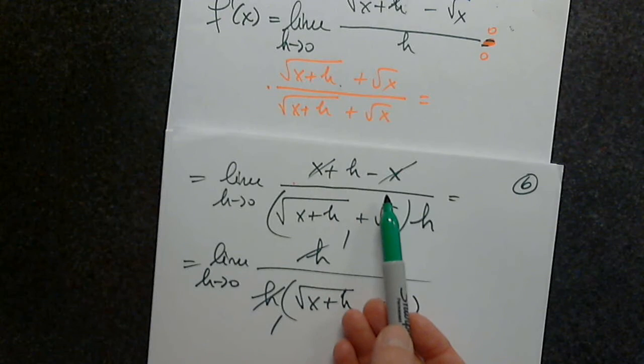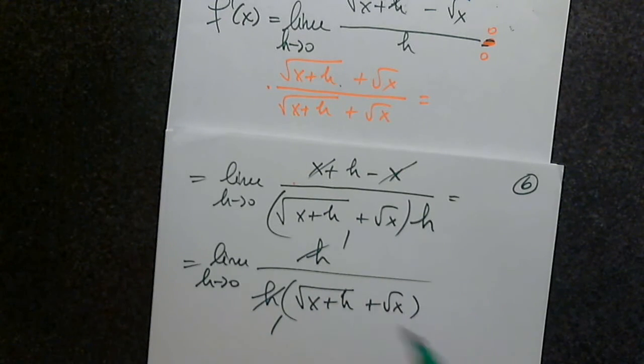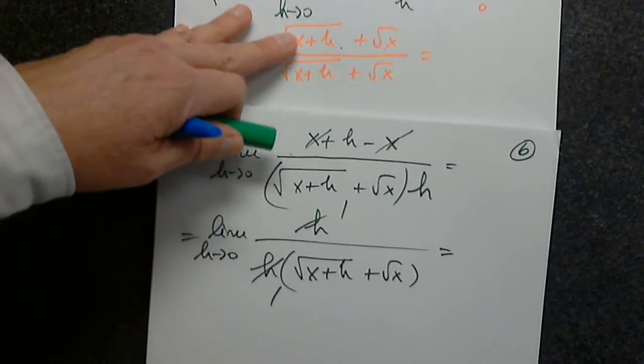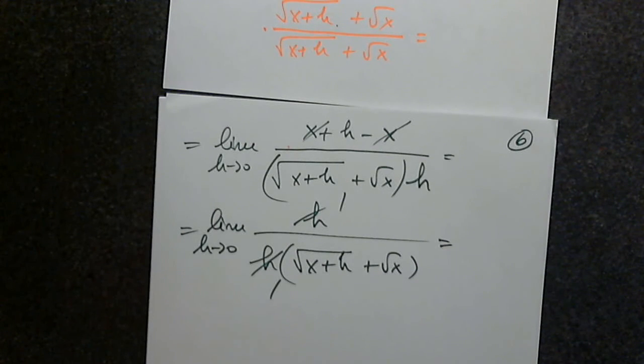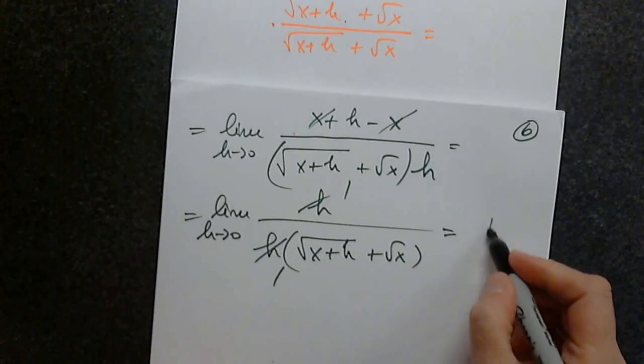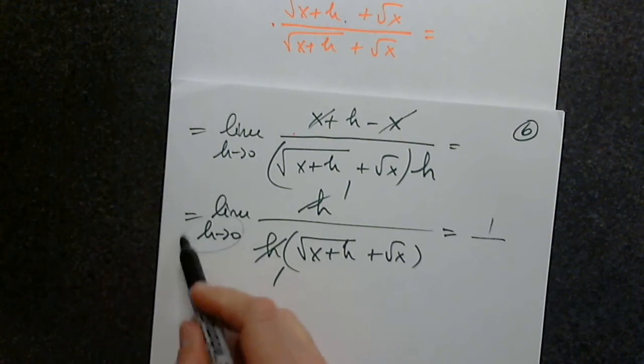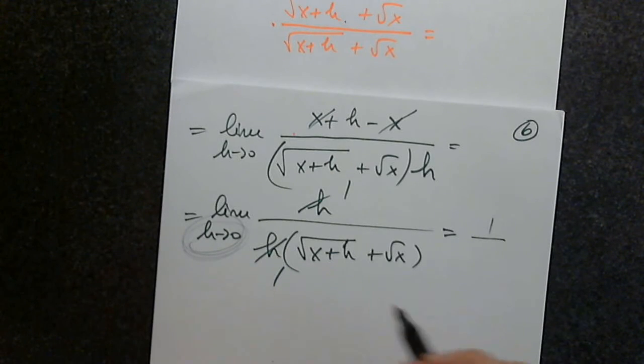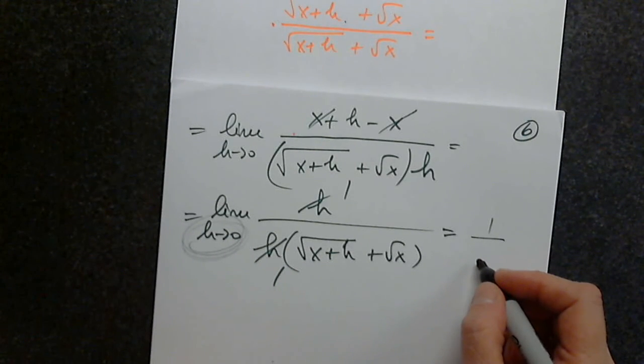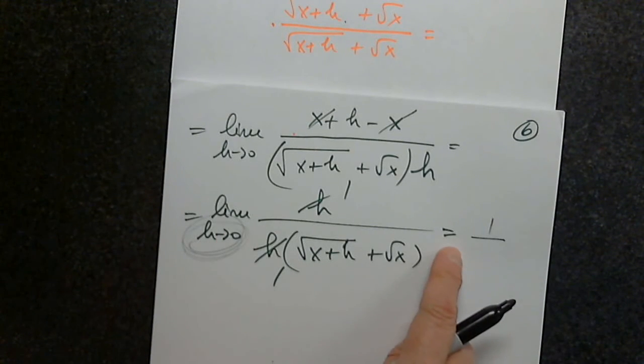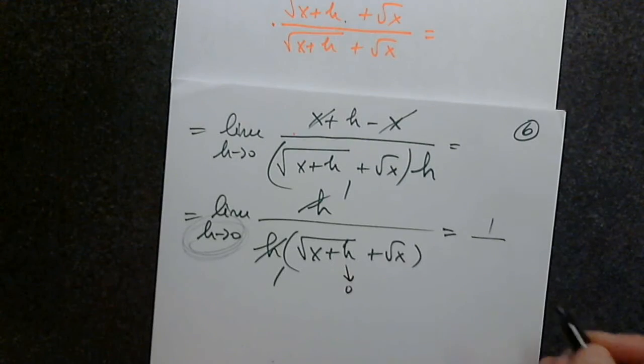All terms without h go away from the top, and now that's this h. And now I can finally drop the limit operator. The answer must be a function. And what is the function? That's why I'm allowed to drop the limit operator, because I have to make that this approaches 0.